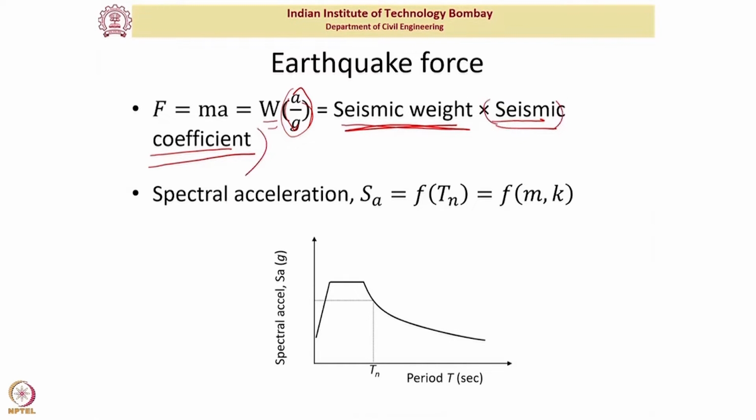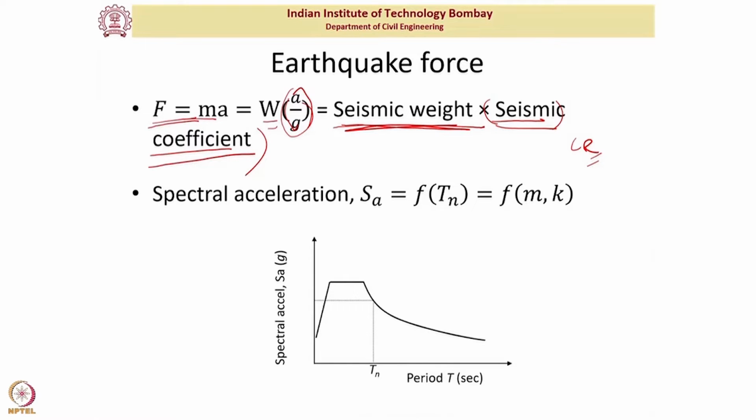You might see it as C_R, or in other places with some other notation, but basically this is the seismic coefficient which, multiplied with the seismic weight, gives you the lateral load applied on the structure.